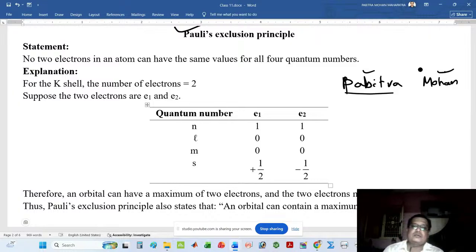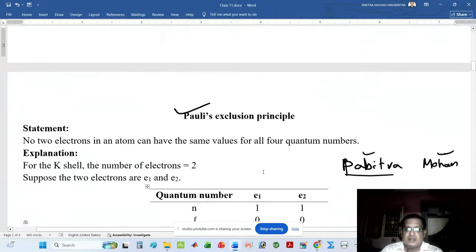Similarly, think about the electrons around the nucleus in an atom. There are a number of electrons present around the nucleus. In the case of oxygen, there are 8 electrons surrounding the nucleus.